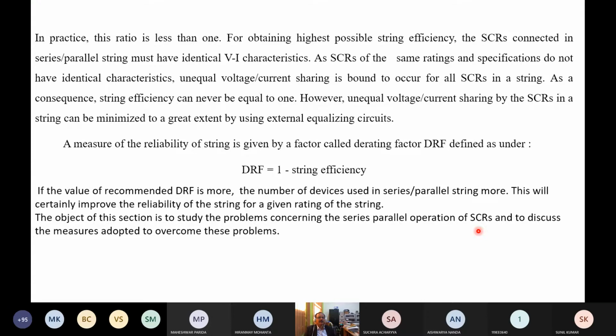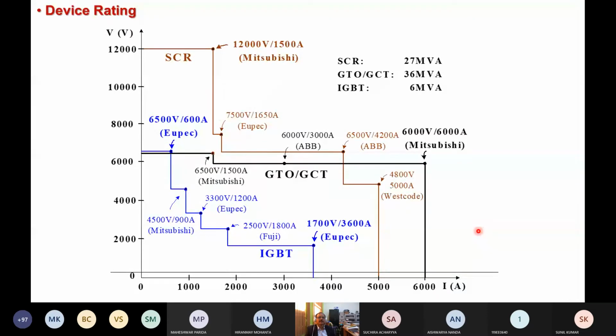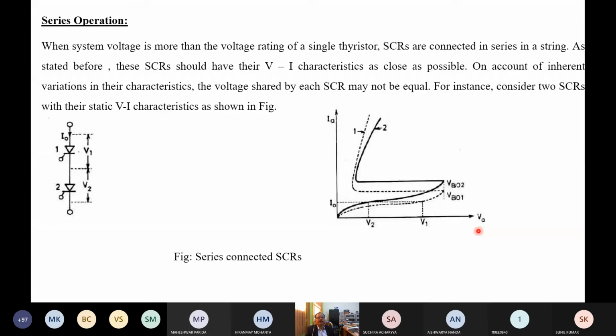If DRF is more, it means the number of devices used is more and reliability is better. The individual rating may be high, but a single device cannot meet the current or voltage demand. So they have to be connected in series and parallel. So let us first discuss the problem with series operation.